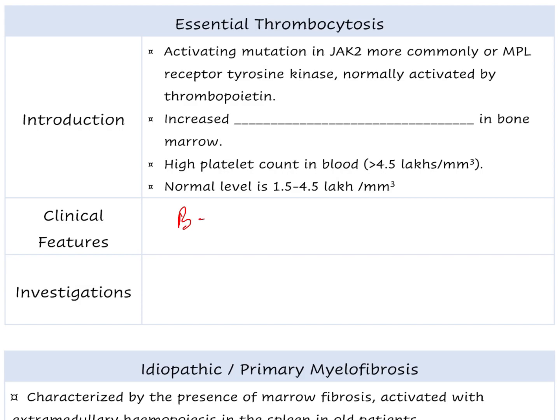Thrombosis results in dizziness, ischemia of the digits, because these are end arteries. So over there, if you have platelets that are getting accumulated, you will have ischemia. Investigations include hypercellular bone marrow with increased number of giant megakaryocytes, erythroid and myeloid cells show only mild hyperplasia. Elevated platelet count in the blood, normal hemoglobin levels and elevated LAP scores.